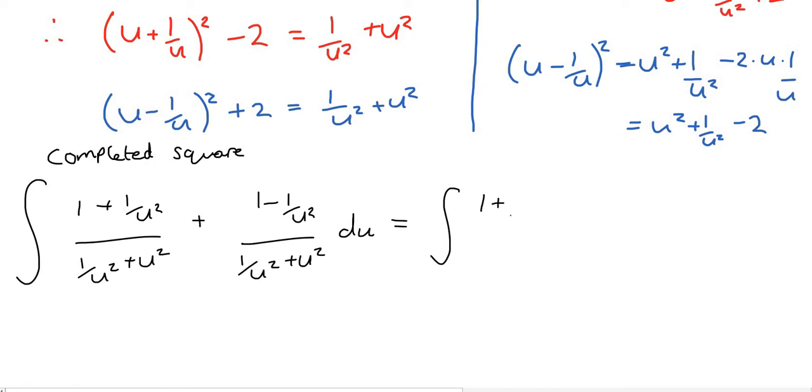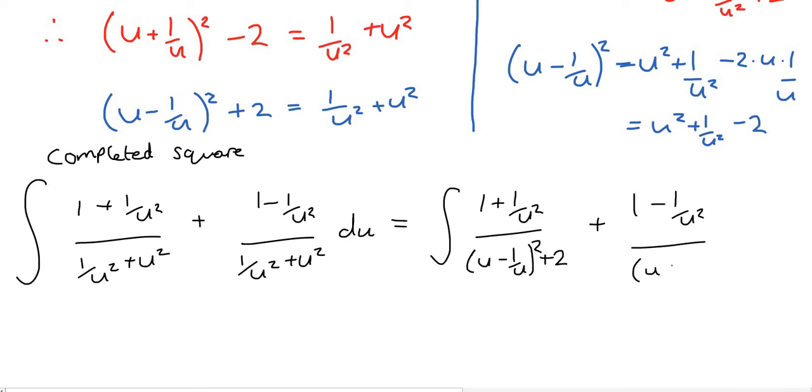For the 1 plus 1 over u squared term, it's going to make sense to use the negative completed square form, and you'll see why shortly. Similarly, for the negative numerator term, it's going to make sense to use the positive completed square form. I hope I'm not just talking gibberish, but in my head I know what I'm talking about, and hopefully it's coming across to you. So this is where we're at now.